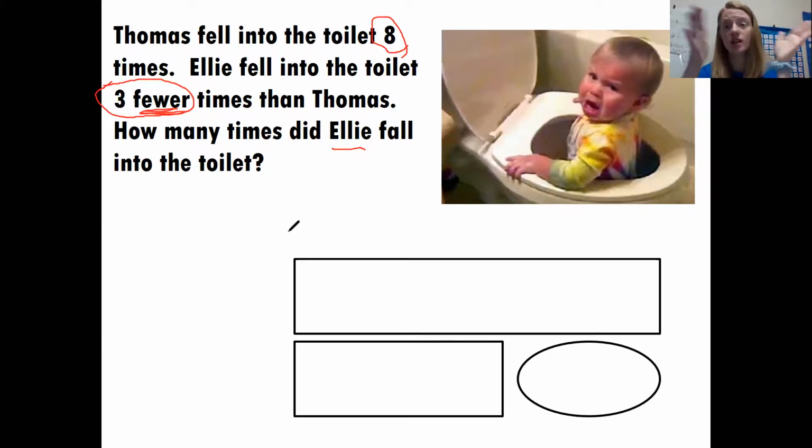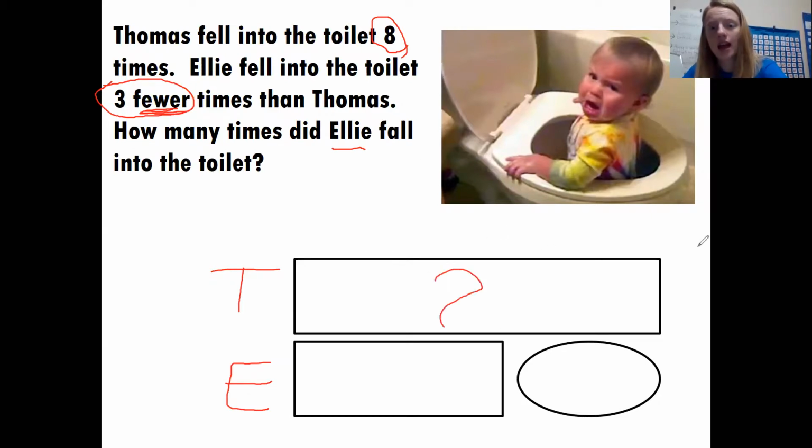We have to decide who gets the long bar and who gets the short bar. So Thomas fell into the toilet 8 times. Ellie fell into the toilet 3 fewer times. So Ellie fell into the toilet fewer times, which means Ellie is going to have the short bar and Thomas is going to have the long bar. Do we know what goes in Thomas's bar? Do we know how many times he fell into the toilet? 8 times.